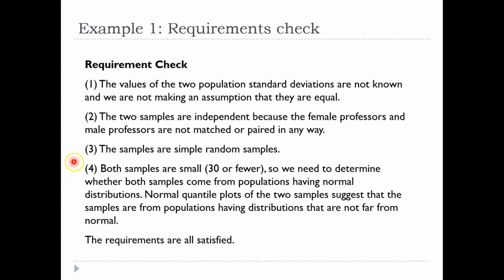Number 3, the samples are simple random samples, yes. And 4, both samples have to be greater than 30 or from a population that has a normal distribution. When we built a normal quantile plot of the two samples, it shows that the samples are from a population that has a distribution close to normal. So all the requirements are satisfied.